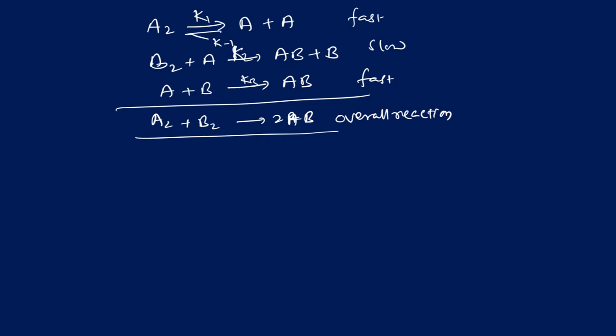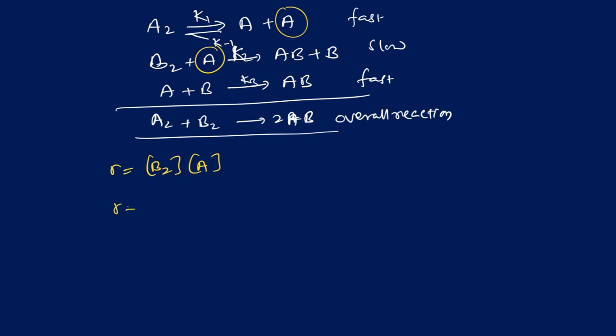Therefore the rate law is determined based on the slow step: rate is equal to K2 [B2] concentration into [A] concentration. A is the intermediate, so it should not appear in the rate law.